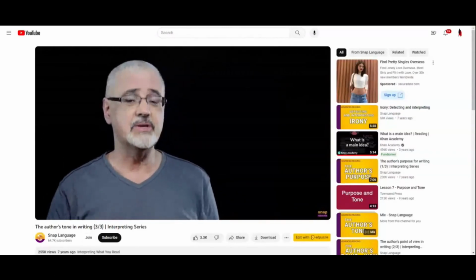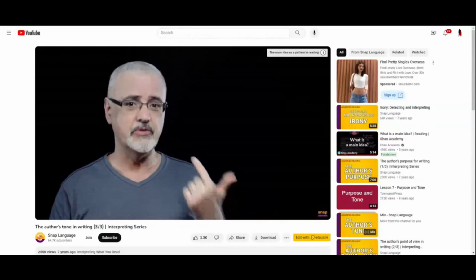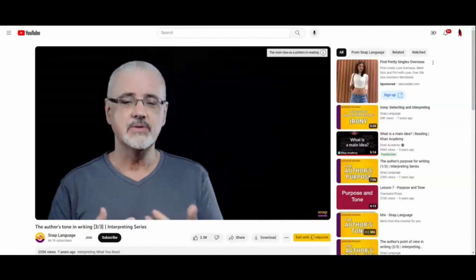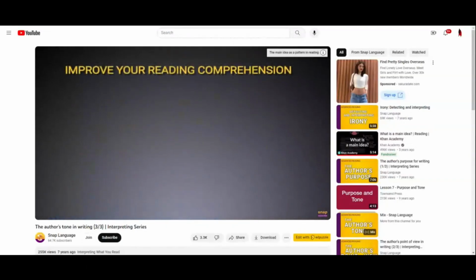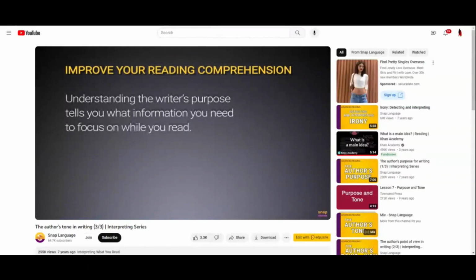As the reader, your job is to determine the writer's purpose, point of view, and tone to interpret the message. Doing so will improve your reading comprehension. Understanding the writer's purpose tells you what information you need to focus on while you read. Okay, that's an important note.